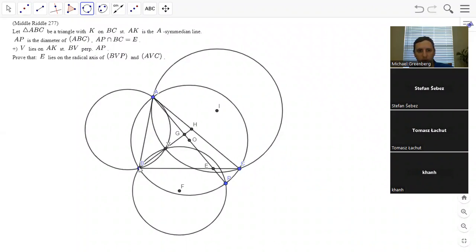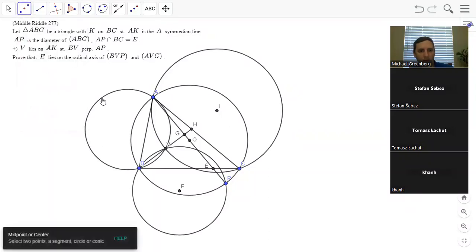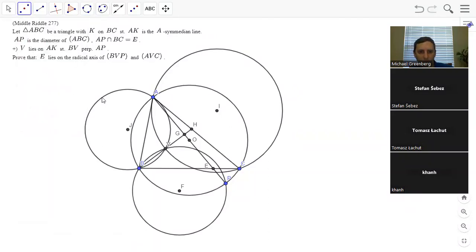Look at this circle, because then BV would be the radical axis. And that's kind of another way we could think about it. Then, okay, so can we calculate FJ?